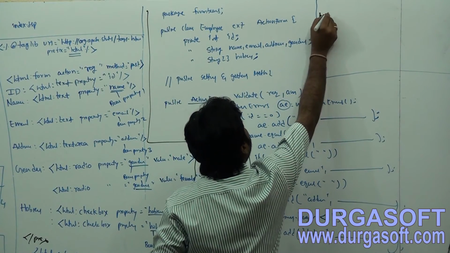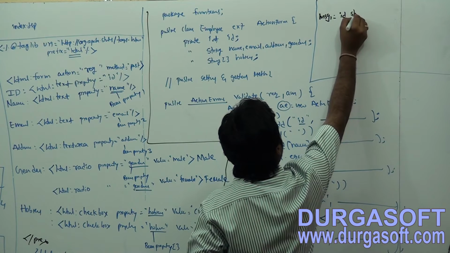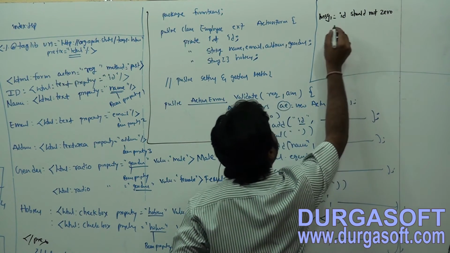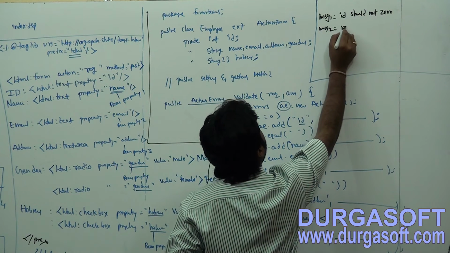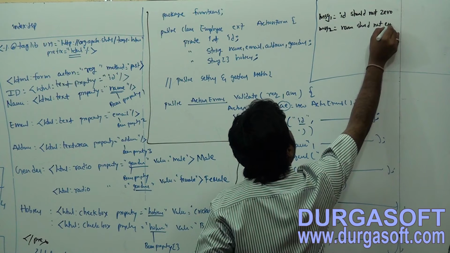Message 1 for ID: ID should not be 0. Message 2: name should not be empty.